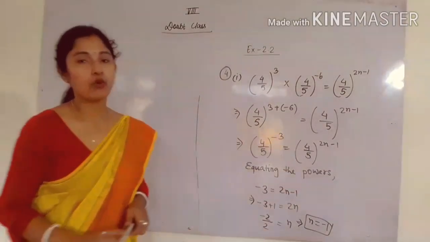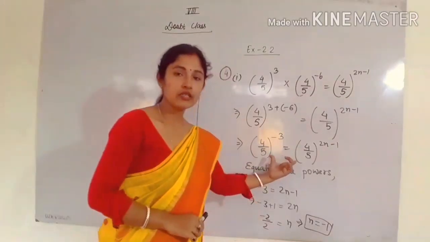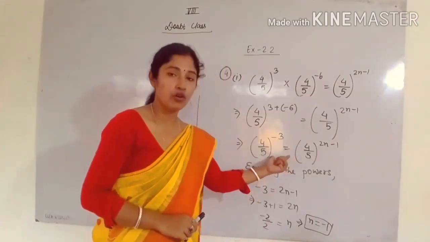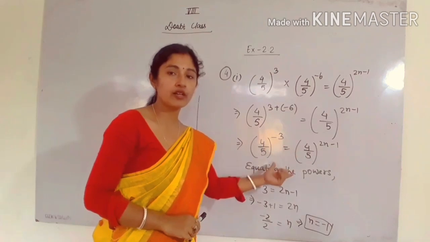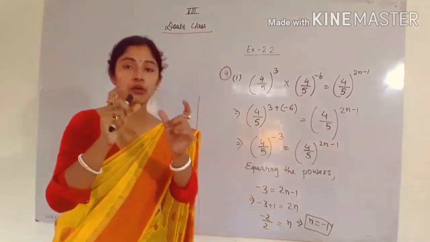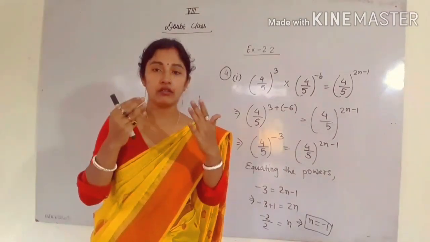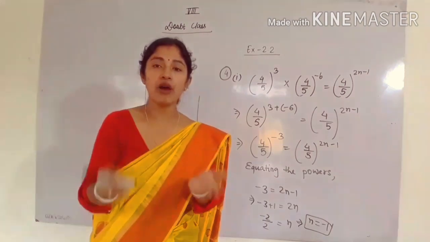So finally, see what happened here. This is an equation now. If in an equation both sides have the same base, then you can equate the powers. If the bases are the same, you can equalize the powers.